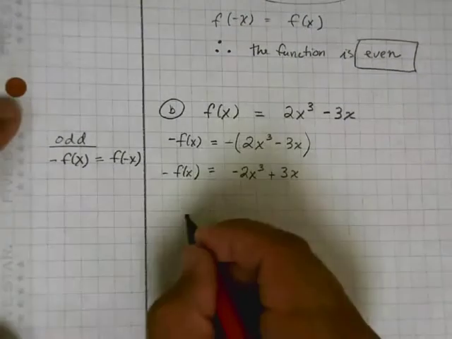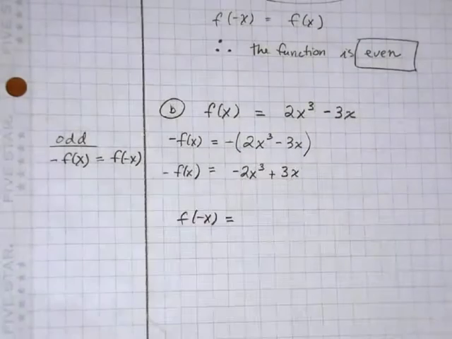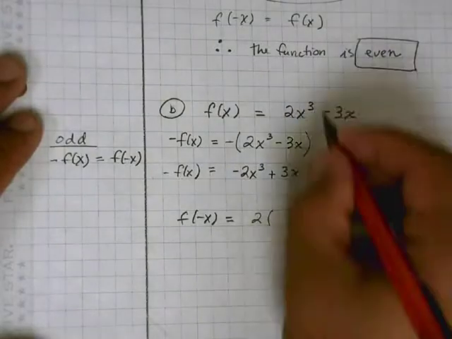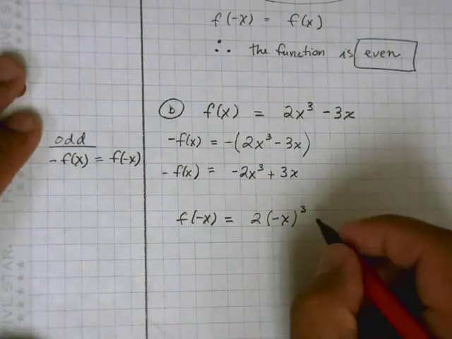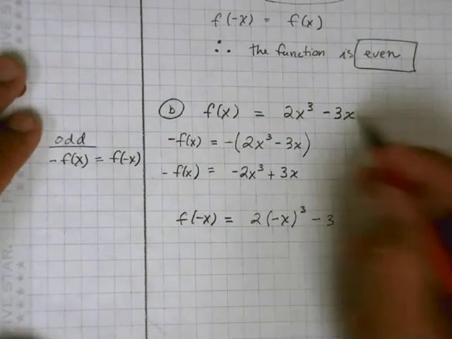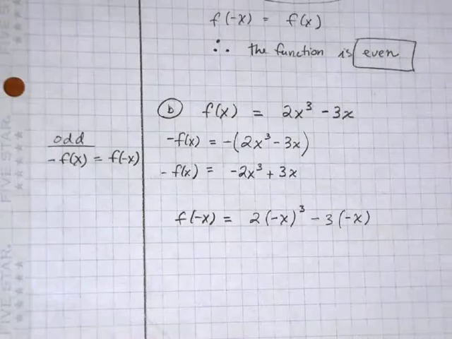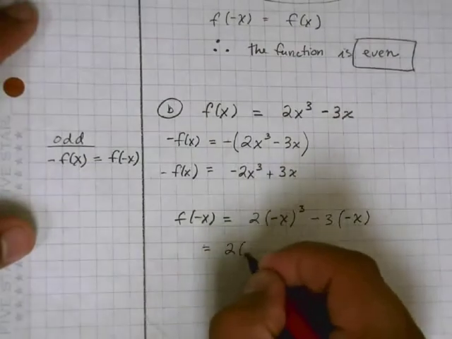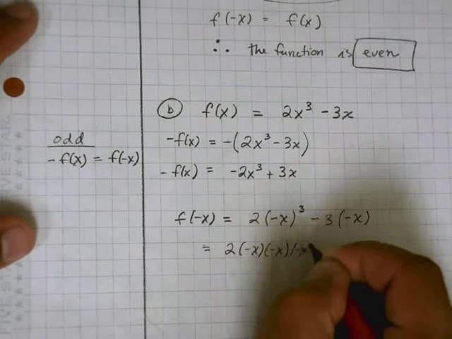And so let me write this down here, f of negative x. Okay. And this just means that I write the original function, but instead of writing x, I'm going to put in negative x in parentheses, minus 3. I have another x here, so I have to replace that with negative x again. Okay. And then now I'm going to try and simplify this function. I have 2 times negative x times negative x times negative x.